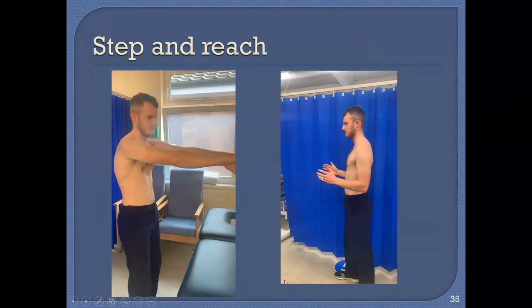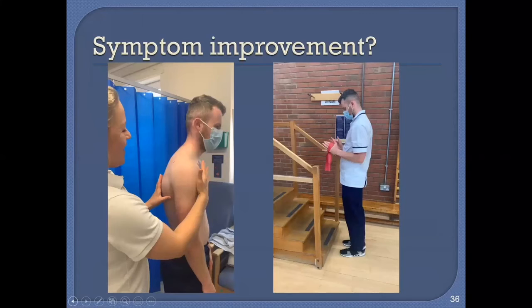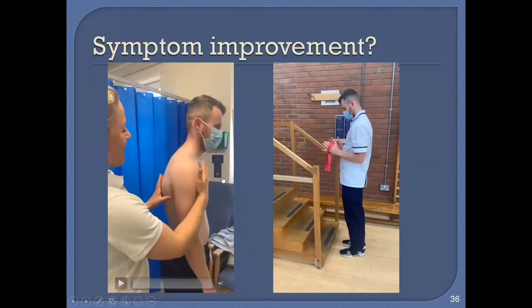So just by getting them, I think this is the video that doesn't work. Yeah, so this video, I don't know if you can see my cursor, but essentially just get them to lift their thumbs up. And then what he did was he reached his arms upwards as he stepped forwards. And often if you do that with patients, the muscle patterning will improve. And I've got a couple of case videos in a bit.